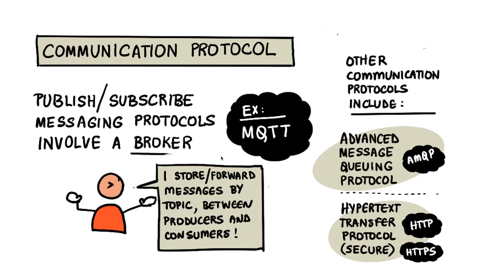Now, when you do pub-sub, you need kind of an agreement on how you're going to work. You need to agree how you're going to send the messages that you're publishing and subscribing, how you subscribe to them, what the underlying technology is, all those kind of things. And there's a set of standard communication protocols that are used for devices. And MQTT, message queuing telemetry transport, is probably the most famous pub/sub protocol for IoT devices.